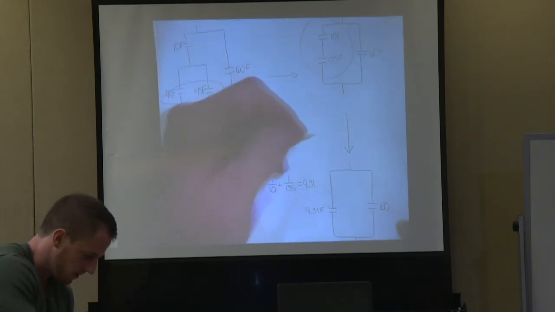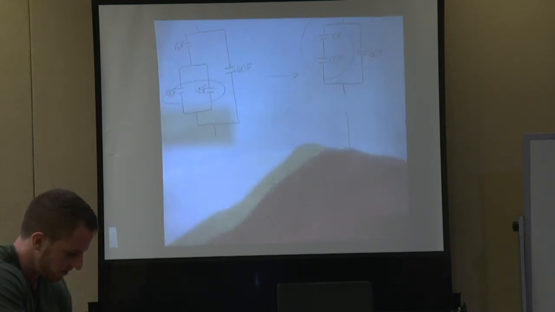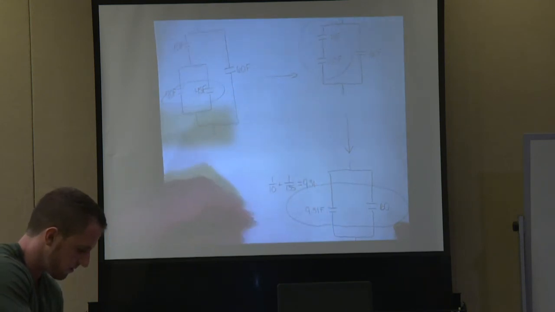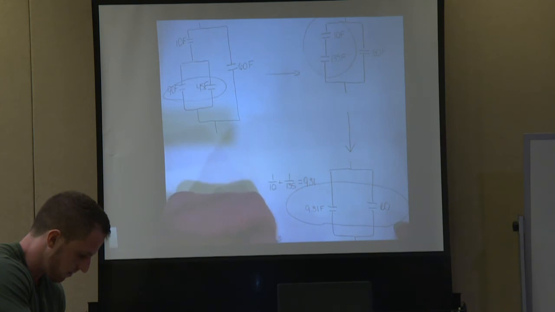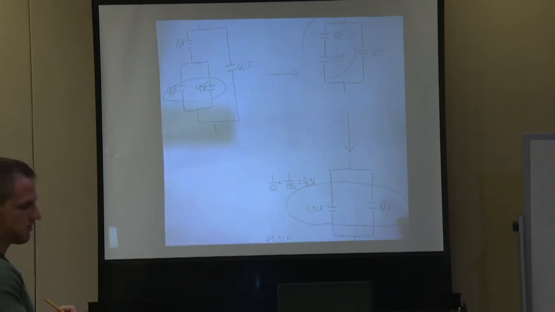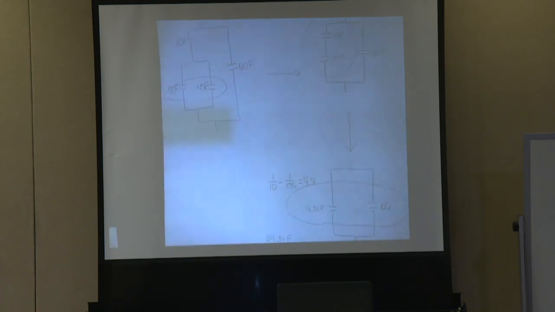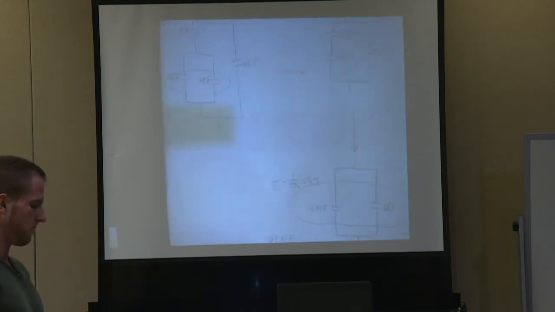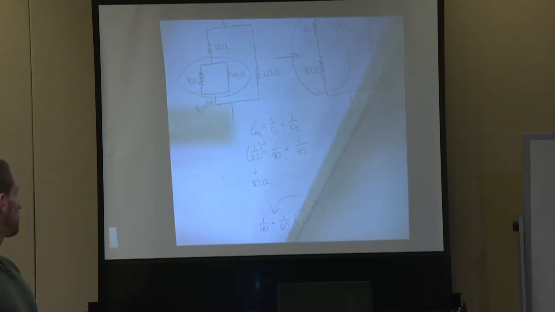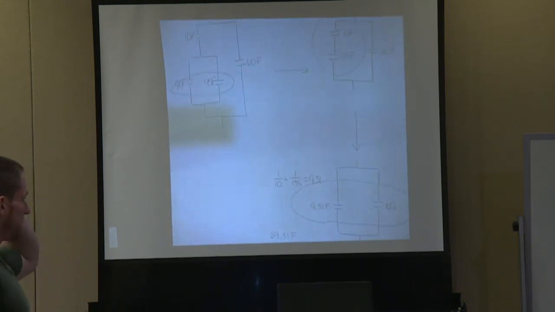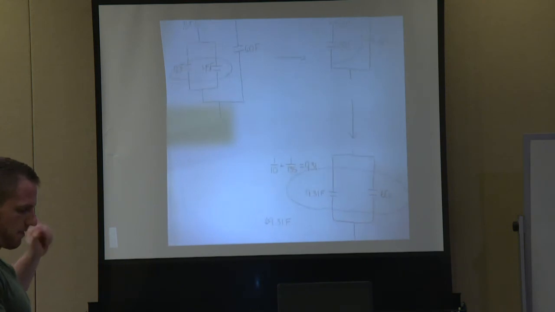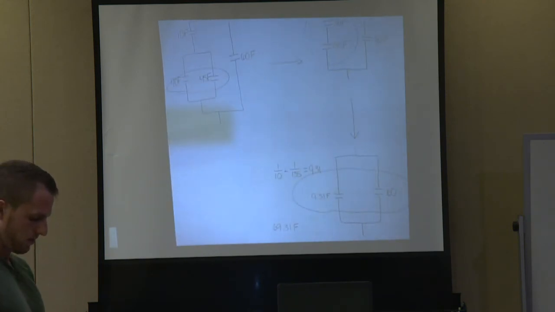So, adding these last two together would give us 69.31 farads as the total capacitance for that circuit, if we were to use the same values as the previous one, just to show you a comparison of the two.